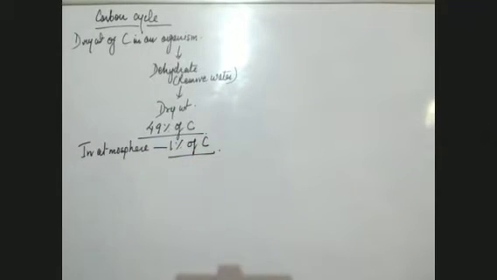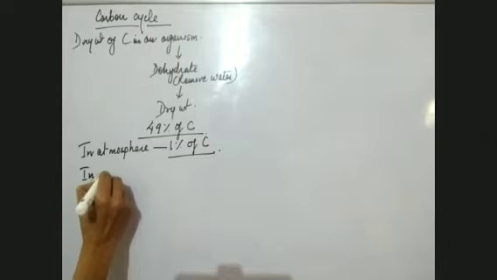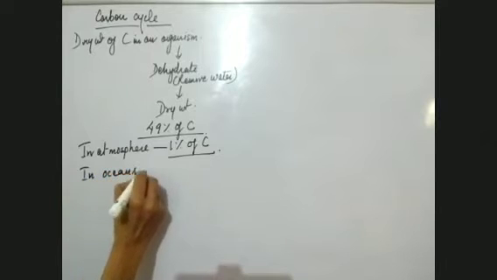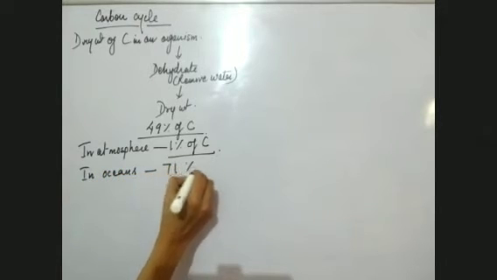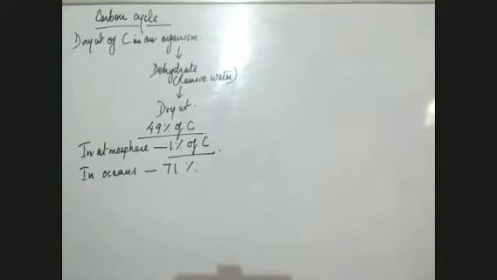And in the oceans, 71% of carbon is present. That means atmospheric carbon is just 1%, and oceanic carbon is 71%. So most of the carbon is present in the oceans.